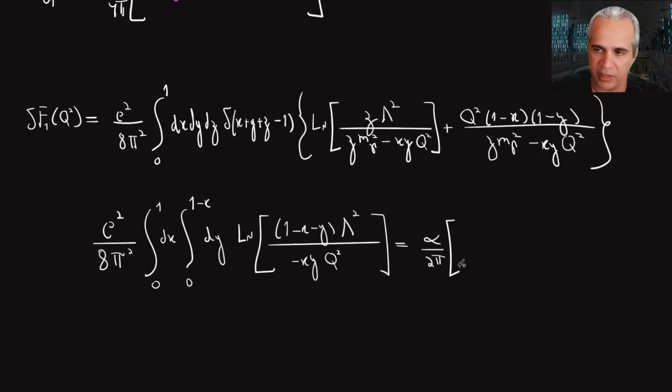I'm not doing the integrals in detail here because otherwise we would lose too much time, but you can follow similar techniques that we used in the first videos to do these integrals. So this will be just lambda square minus capital Q square. Remember, capital Q square is always positive, that's why I'm keeping it like that.